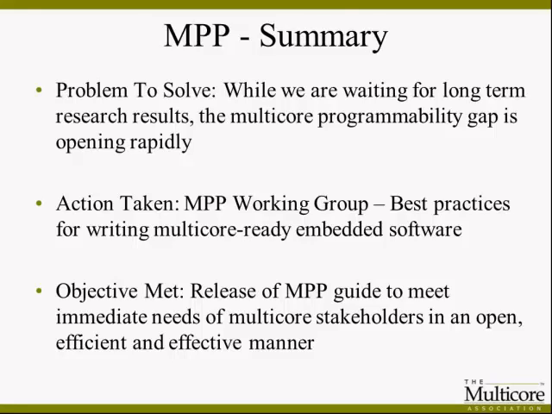The MPP working group was set up to help in that process by sharing best practices from previous projects in order to encourage, to inspire, to motivate software developers to get the most out of the silicon platforms which are out there based on multi-core architectures.